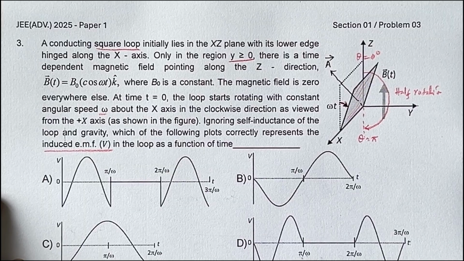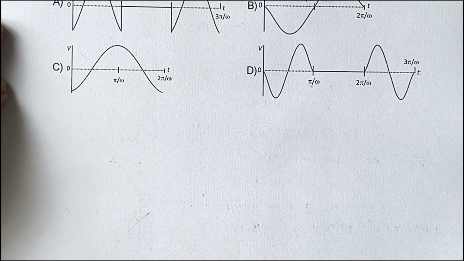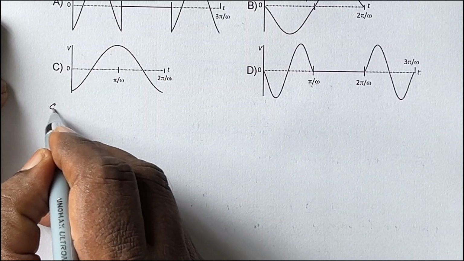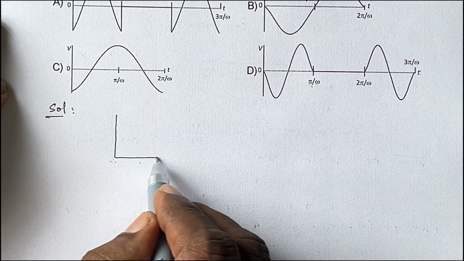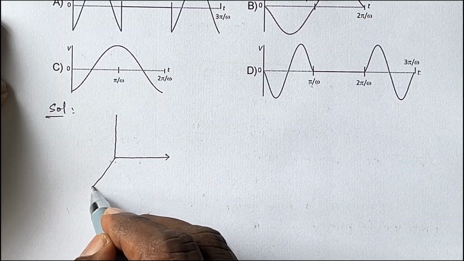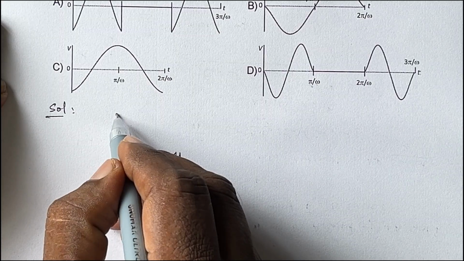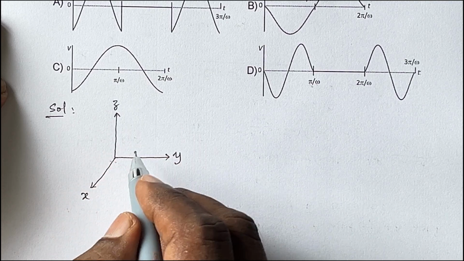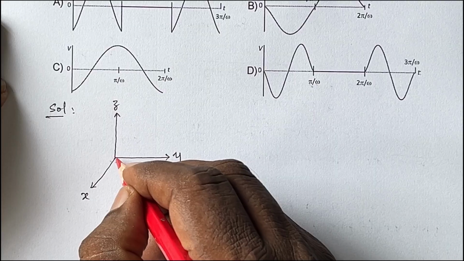I will draw the diagram once again so that you can understand. What is given is like this. This is the positive x direction, this is the y direction, this is the positive z direction. This is just for reference.